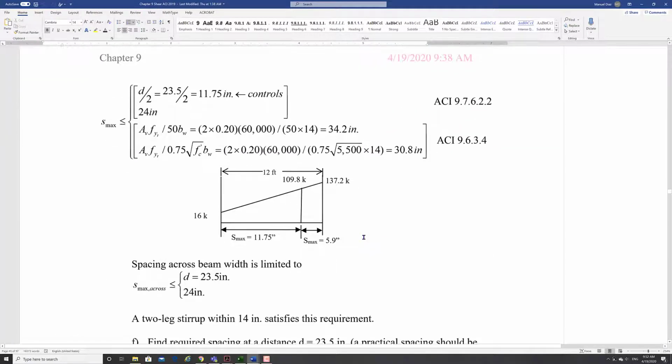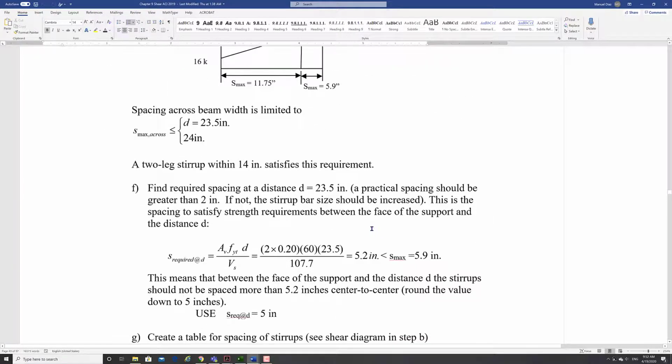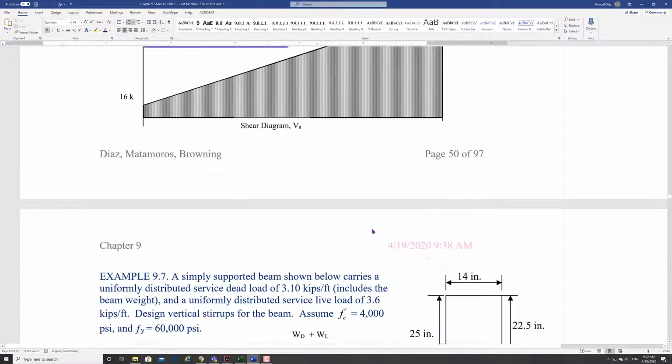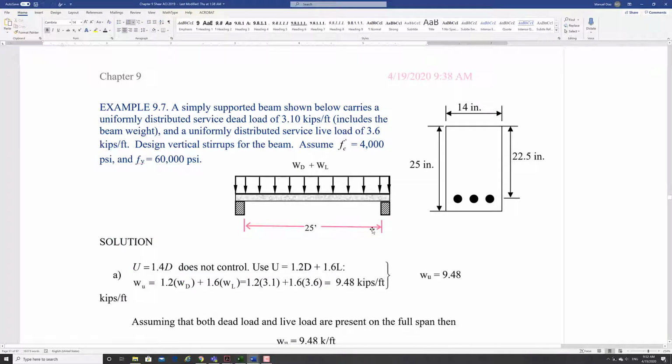Because you will be putting your stirrups in the air. You also don't want to put it right at the end of the cantilever because then there is no cover distance to protect that stirrup. So you have to finish that at least 2 inches before the end.